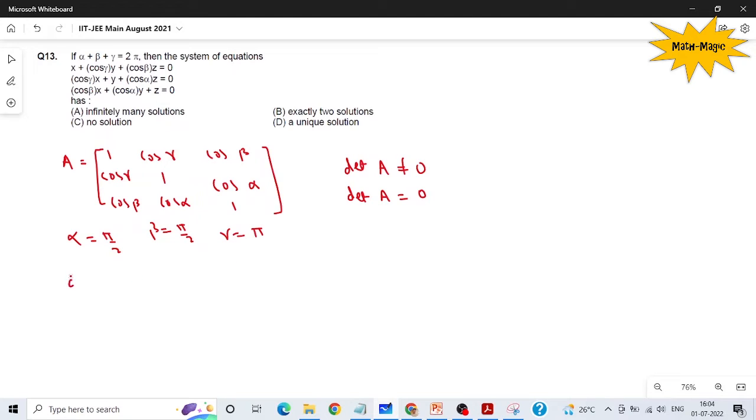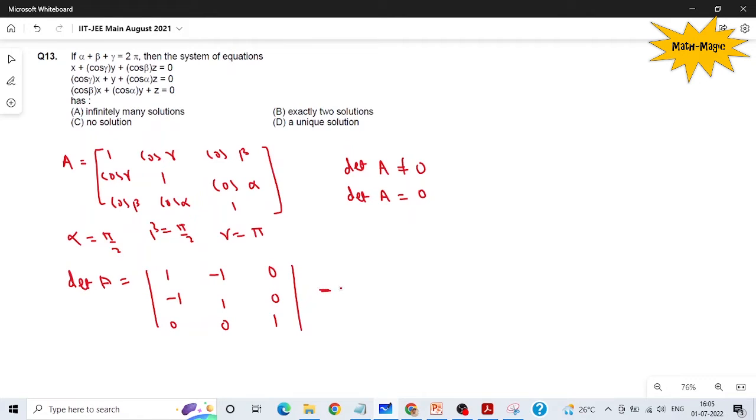Now let's calculate the determinant of A. The determinant of A is 1, then cos of gamma, which is cos of pi, which is minus 1, then cos of beta, which is cos of 90, 0, then cos of gamma, again minus 1, then 1, then cos of alpha, cos 90, 0, then again cos beta 0, cos alpha 0, and then 1.